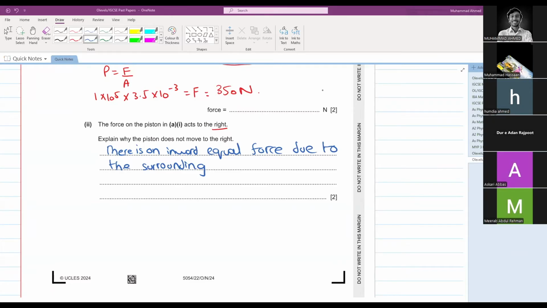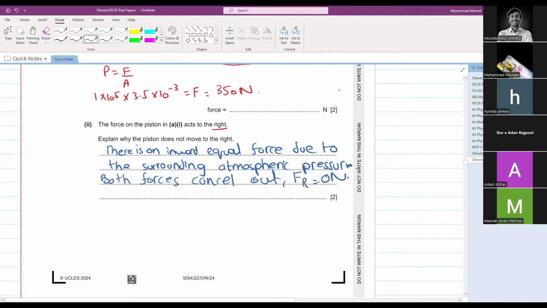There is an inward equal force due to the surrounding atmospheric pressure. Both forces cancel out. Hence, resultant force is equal to 0 Newton.